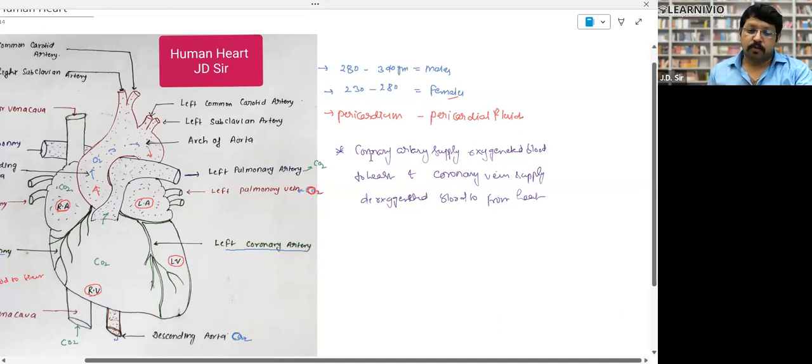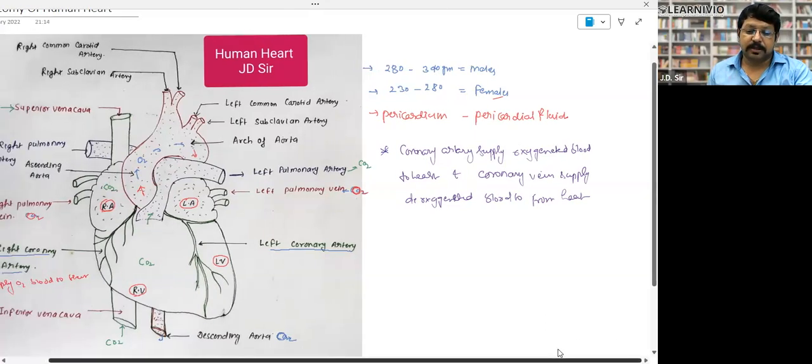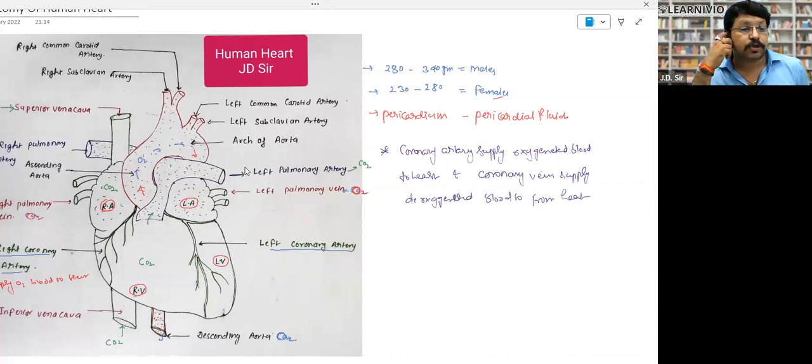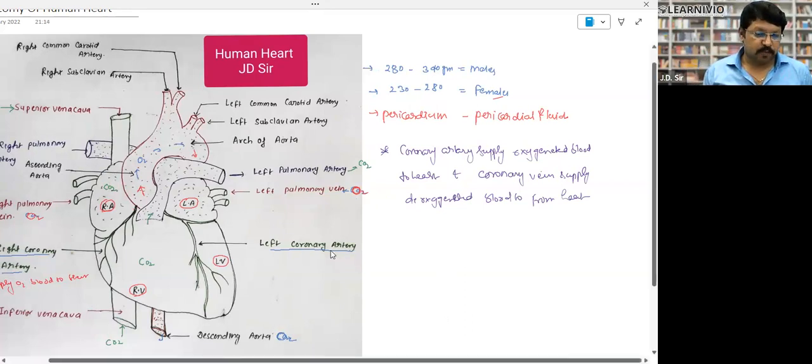One more important thing, that is a question. The heart also needs oxygen and blood supply. So which vessel provides oxygenated blood to the heart? That question has been asked. This is the coronary artery, right?